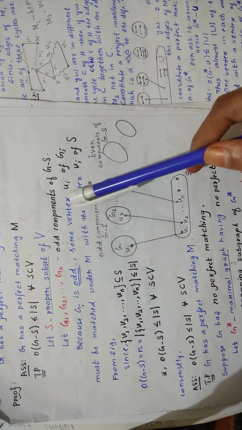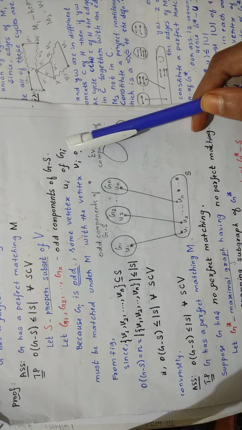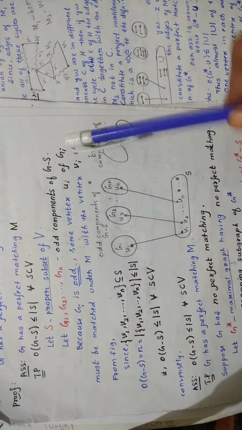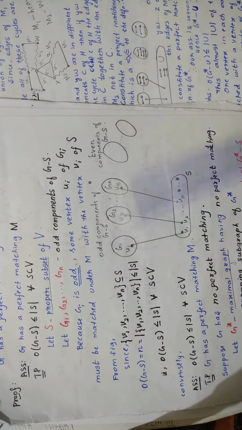There is some vertex Ui of Gi; there will be vertices U1, U2, etc. up to Un, present in G1, G2, etc. up to Gn.